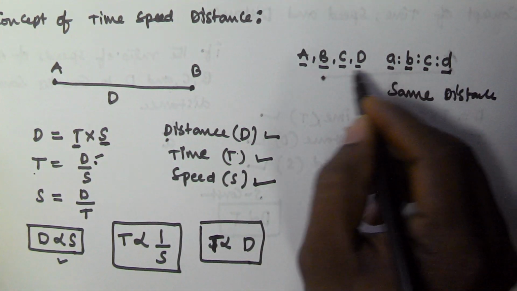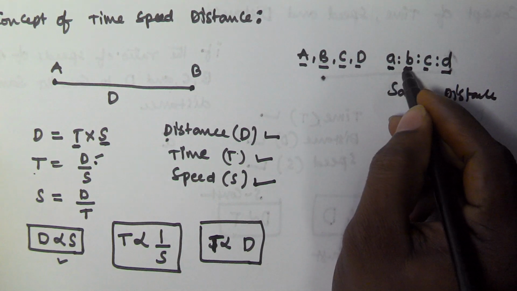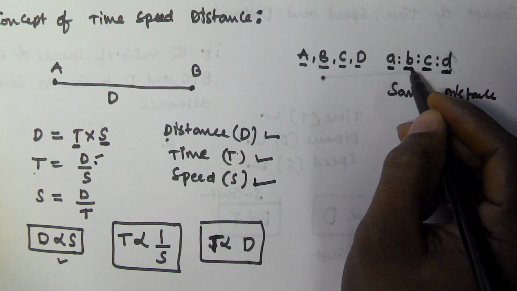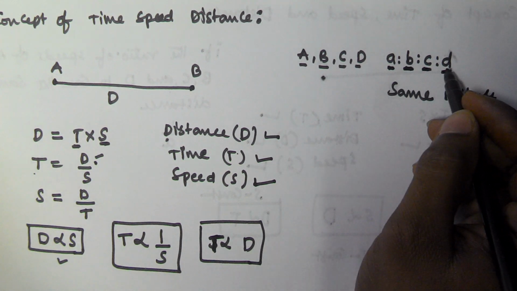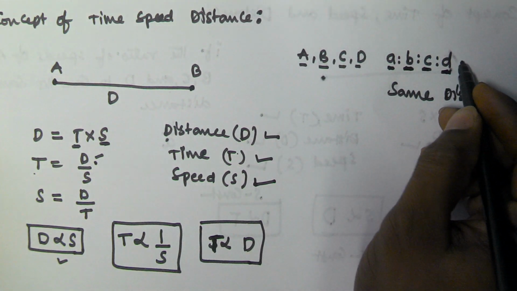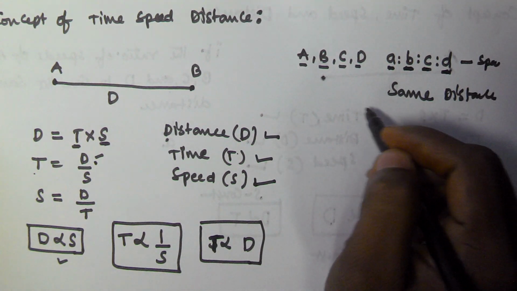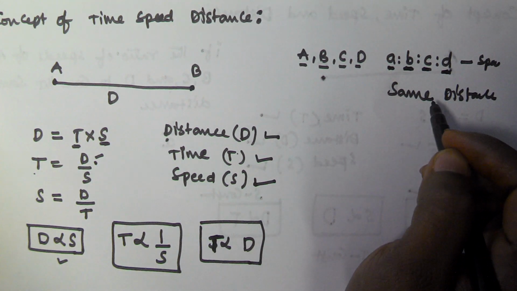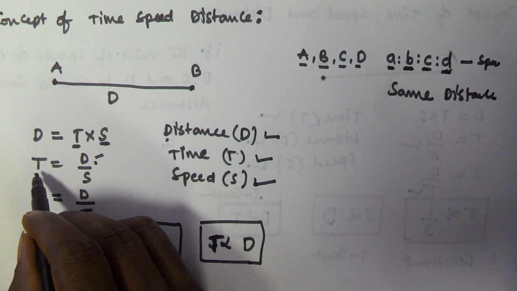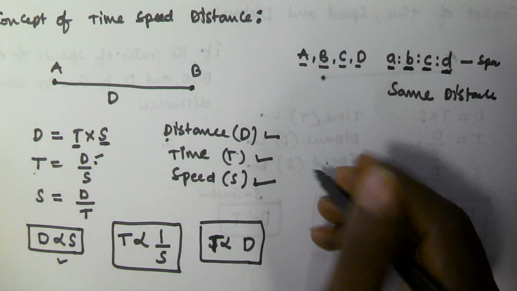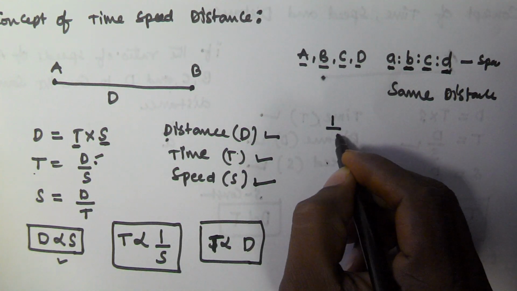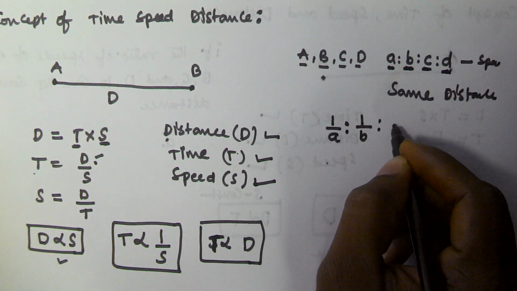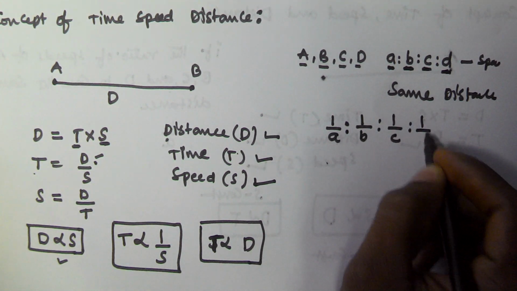So these are the speeds of A, B, C and D in the ratio A is to B is to C is to D. Then the time taken by A, B, C, D to cover the same distance, and the time is inversely proportional to the speed. So that means the times are in the ratio 1 by A, 1 by B, 1 by C, 1 by D.